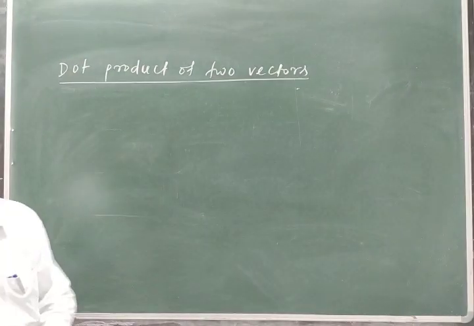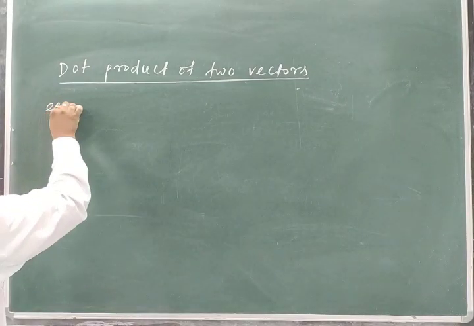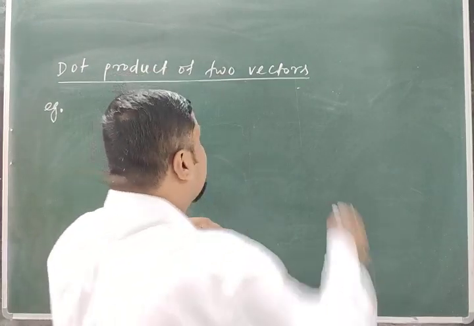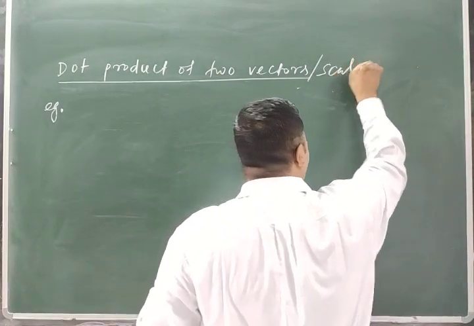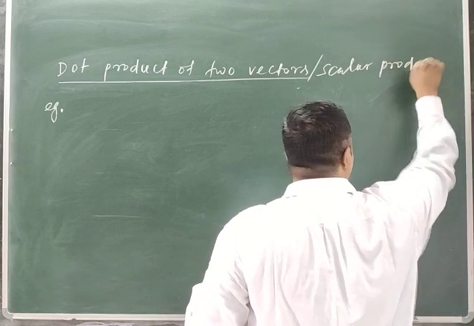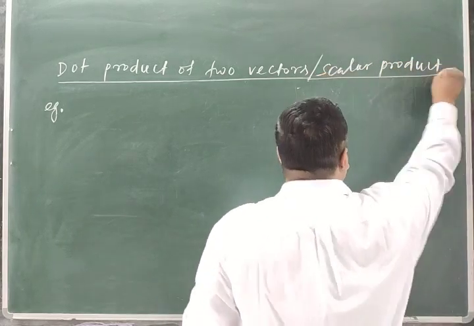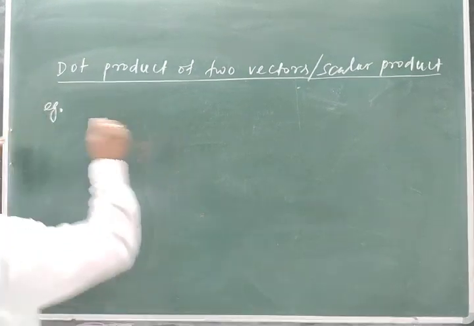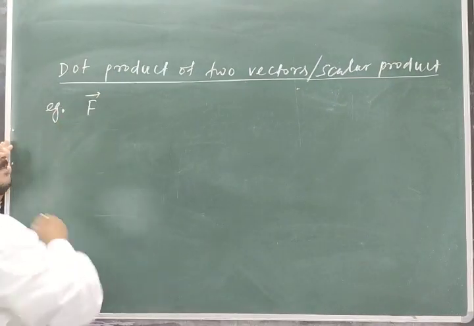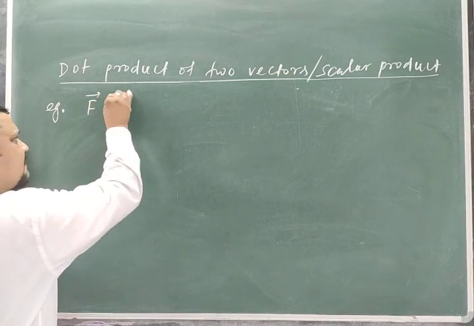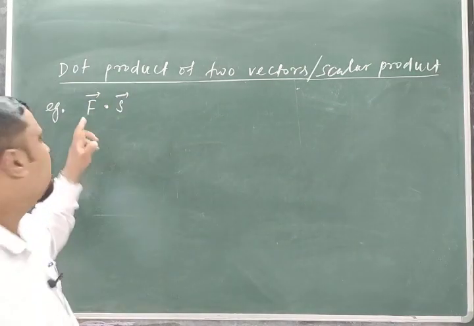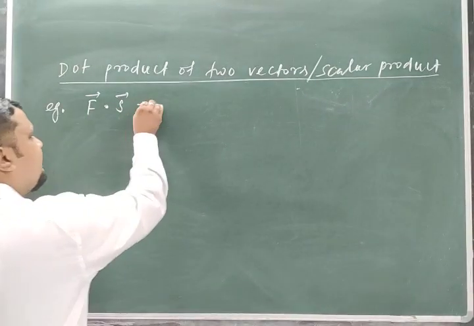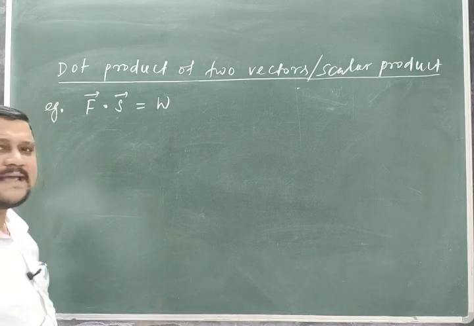The dot product of two vectors is also called the scalar product, because the result is a scalar. An example is force and displacement: force is a vector and displacement is a vector. The dot product of force and displacement will give you what? This is a scalar.